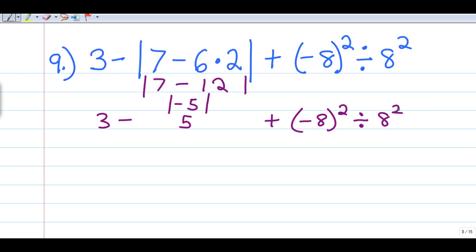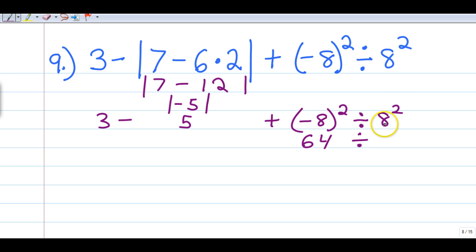We're now ready to move on to step 2, and that's clearing exponents. We see two sets of exponents at the end of this problem. We have a negative 8 raised to the second power. That's like saying a negative 8 times a negative 8 creates a positive 64.